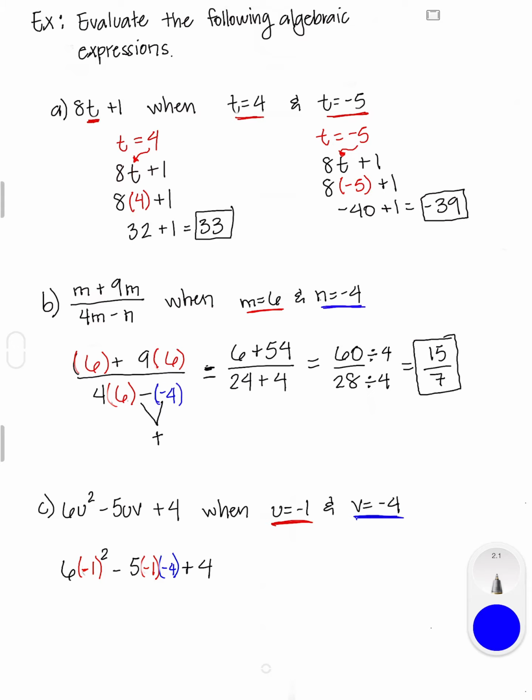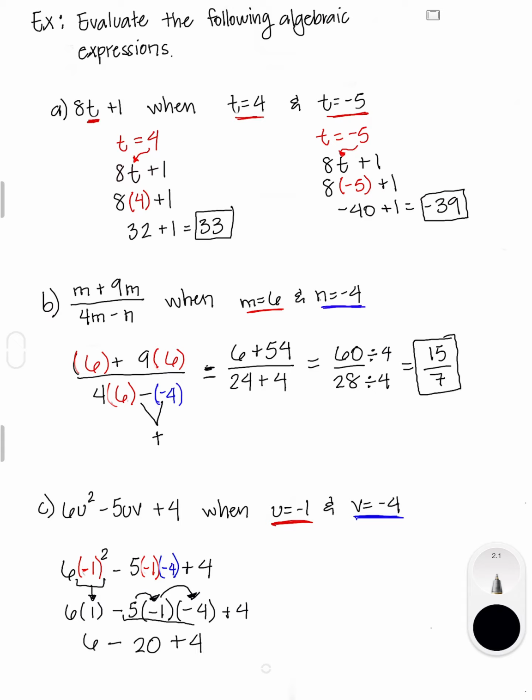By order of operations, we know that we first have to do the exponent. So -1 times -1 is going to give us a +1. So we're going to have 6 times +1, and then -5 times -1 times -4, and then +4. Then we can go ahead and multiply. 6 times 1 is 6. -5 times -1 gives you +5, and then times -4, it's going to give you -20, and then +4.